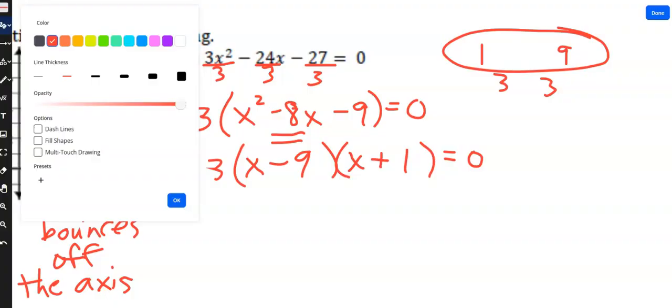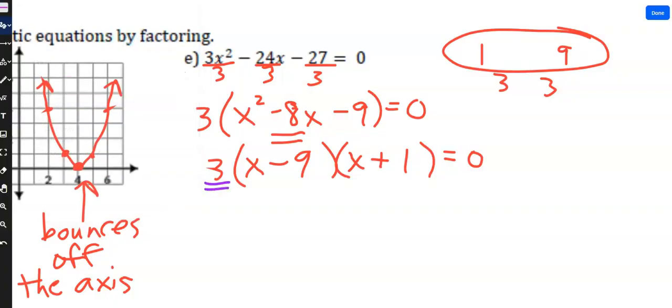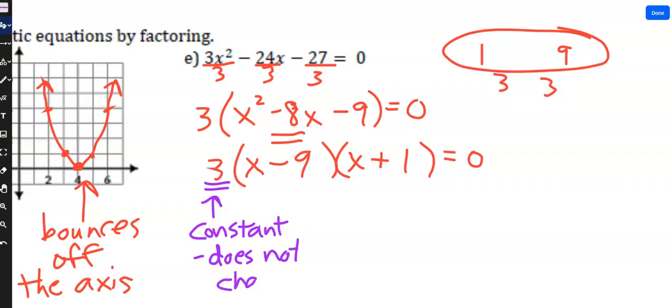Now, I get a lot of students who make mistakes with this one right over here. This is a constant. It does not change. You don't get any information from that.